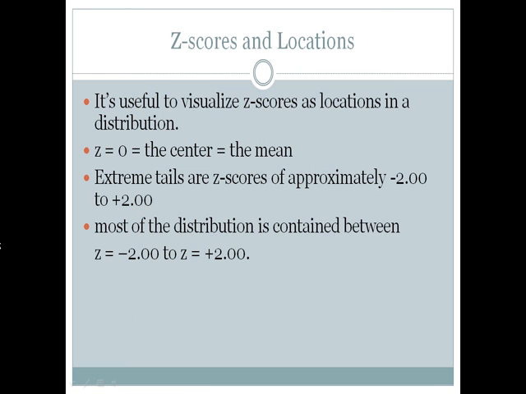And the extreme tails of a distribution always correspond to anything that is beyond 2 standard deviations from the mean, or beyond z-scores of 2. So that means above a positive 2 z-score and below a negative 2 z-score. Most of any distribution is contained within negative 2 and positive 2.